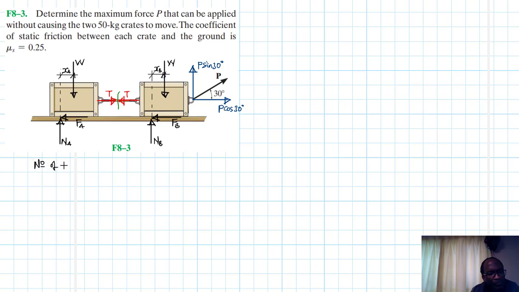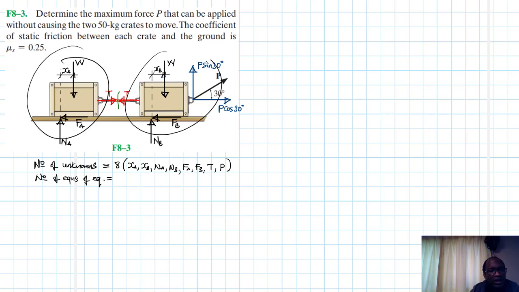There are 8: XA, XB, NA, NB, FA, FB, T, then P. And then the number of equations of equilibrium, how many are there? For each one there are 3. This is a 2D problem.